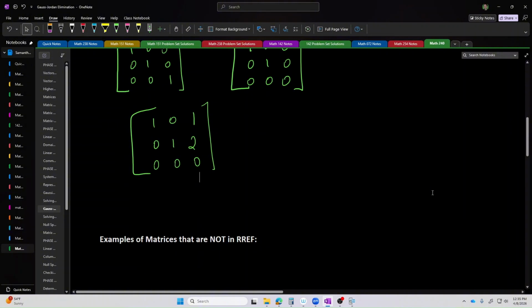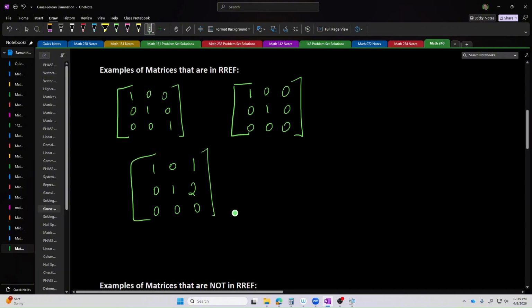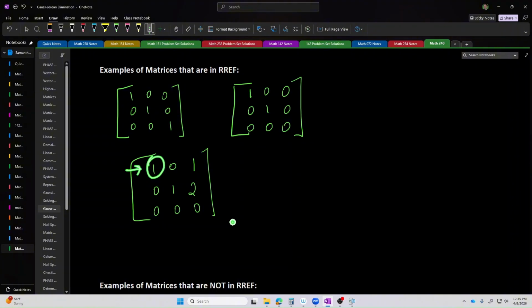And let's see why. First of all, we have a row of all zeros, but once again, that row has been shuffled to the bottom, so that's okay. This matrix only contains two pivots inside of it, still. The first pivot here in the upper left corner, because this is the first non-zero entry that we encounter as we look into the first row.